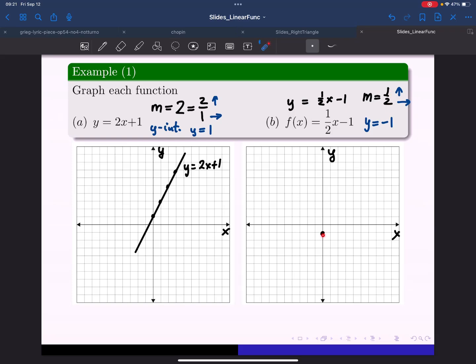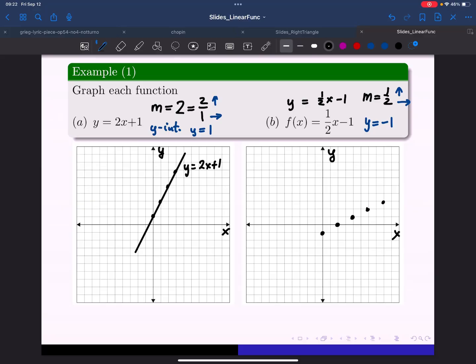From this point we're going 1 unit up, 2 units to the right, and here is my point, and then again 1 unit up, 2 units to the right.